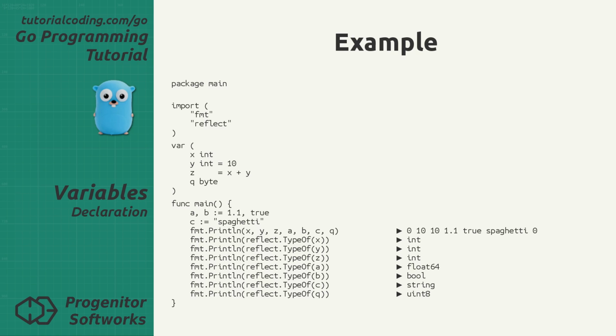So a will be a floating point number and b a truth value. C is then implicitly declared and initialized to a string type with the value spaghetti. The rest of the main function prints the values and types of all the variables. The column on the right side of the slide shows the output of the print function.